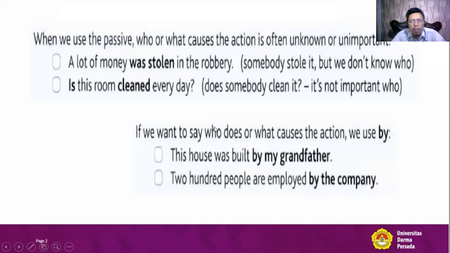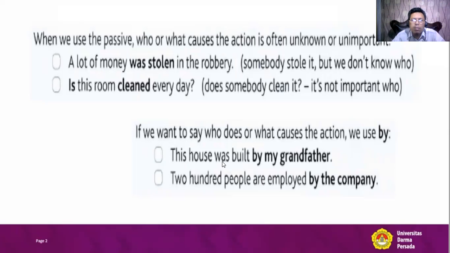Next, if we want to say who does it, if we want to say what causes the action, we use by. So if we want to give the information about who does the activity or what causes the action, we have the word by. Let's see.